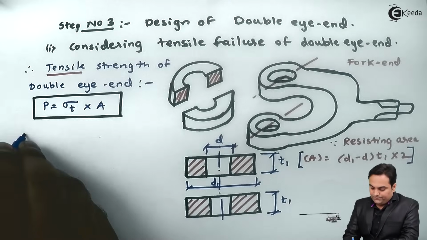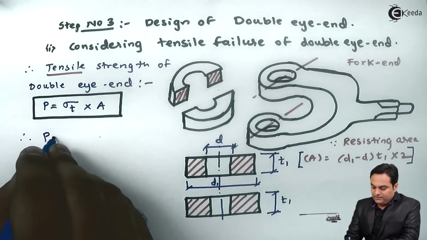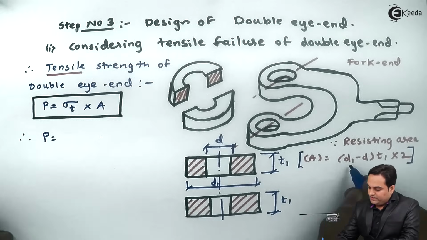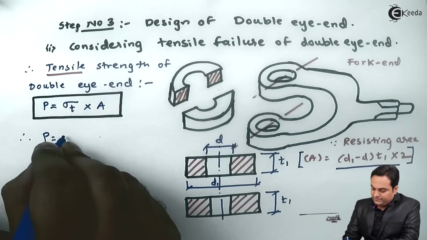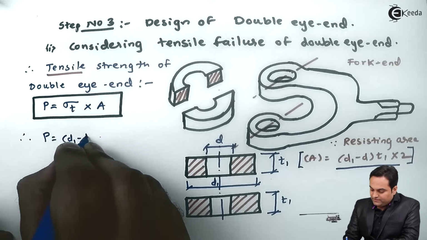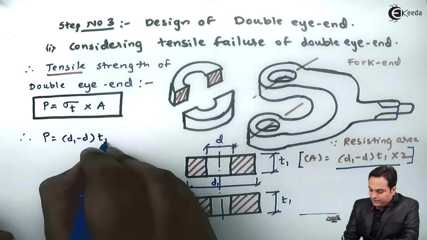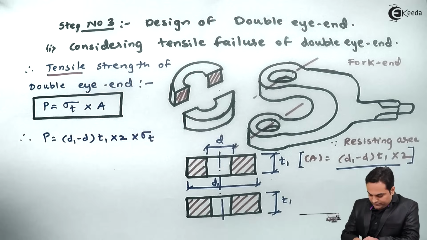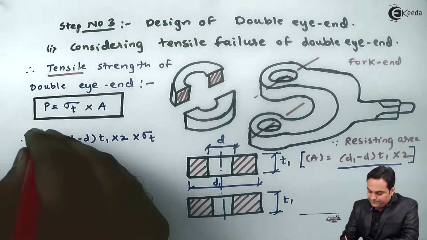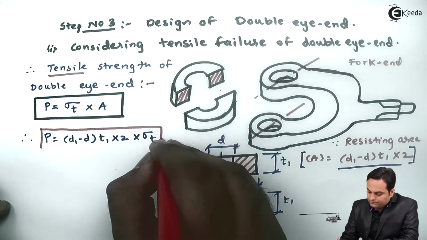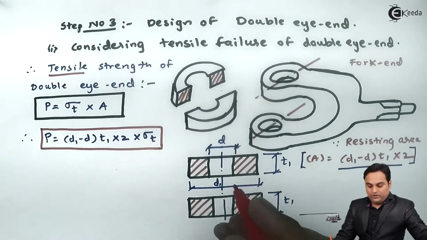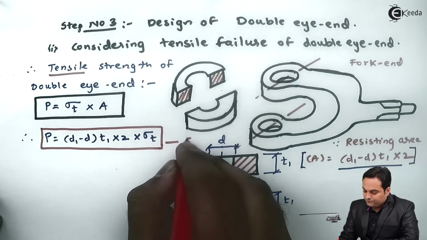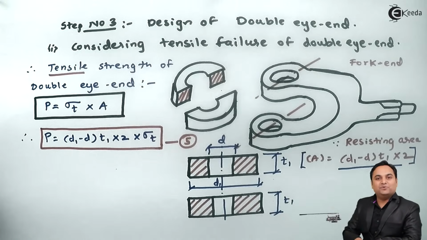So therefore tensile strength P is equal to area, which I have written here. I'll write this again, D1 minus D into T1 multiplied by 2 into tensile stress. Now this becomes my equation number 5. Previously 4 equations are over.